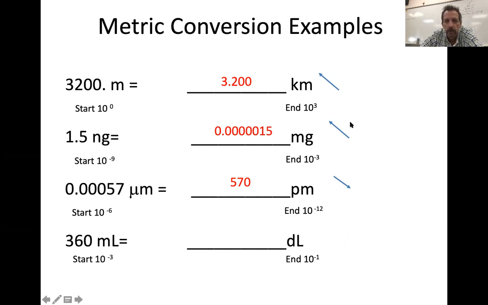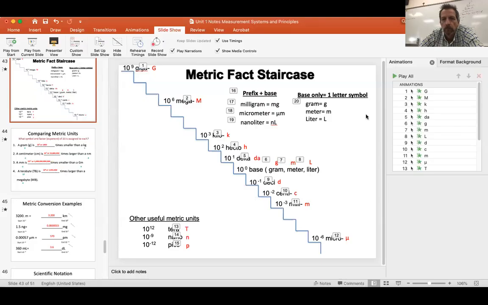So let's just think about it this way. Okay, so we're looking at the metric staircase, and we want to go from milli to deci. And to get from milli to deci, we want to locate them. Milli would be located right here, 10 to the minus 3.